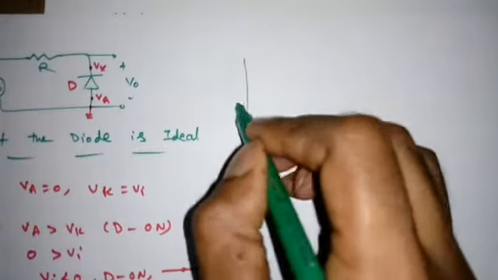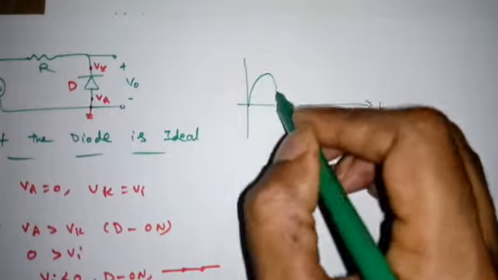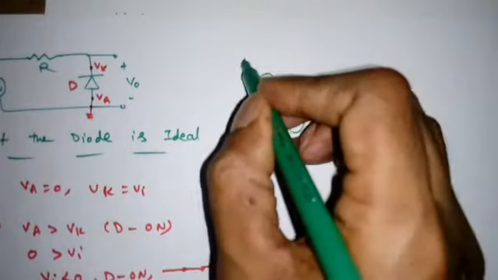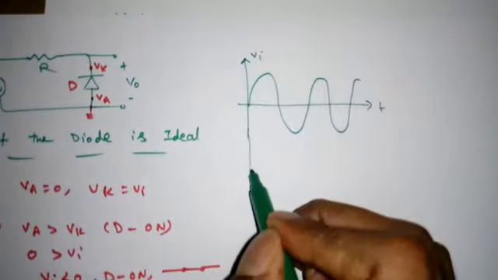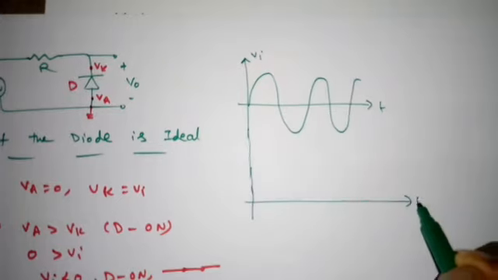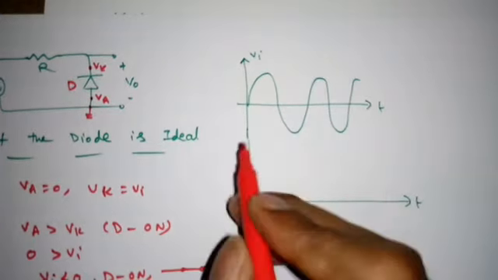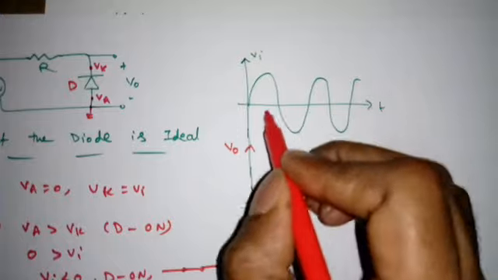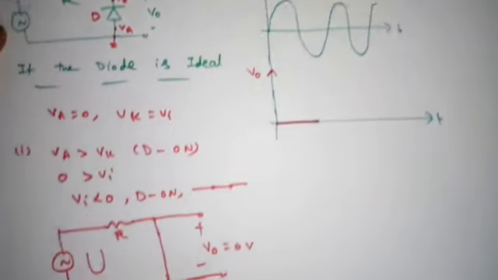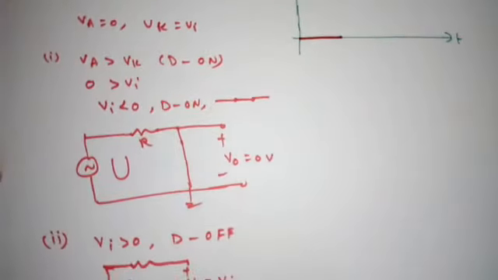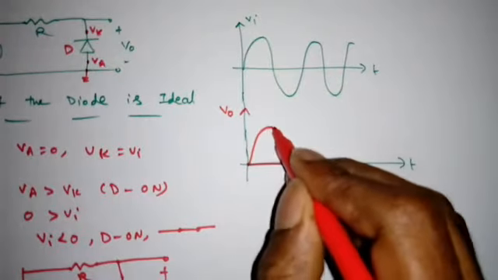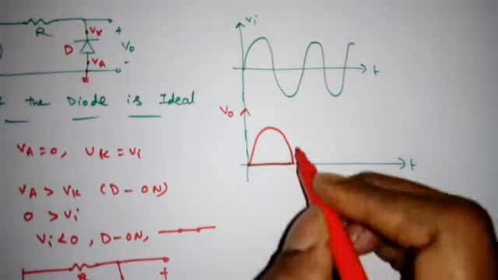So the output waveform, this is Vi, this is V0. See, when Vi is greater than 0, V0 is equal to Vi, so it is allowing the positive half cycle.